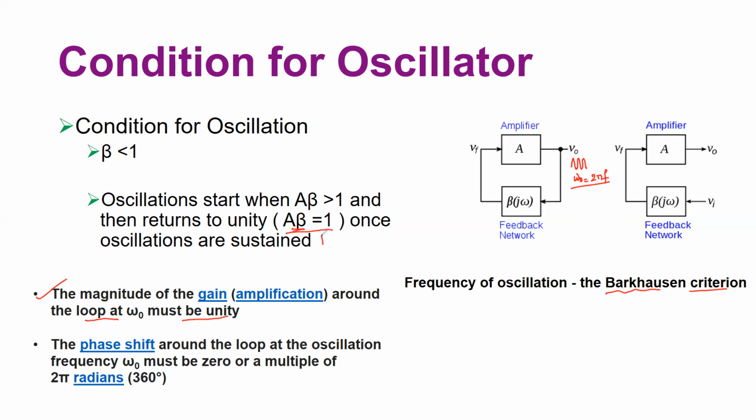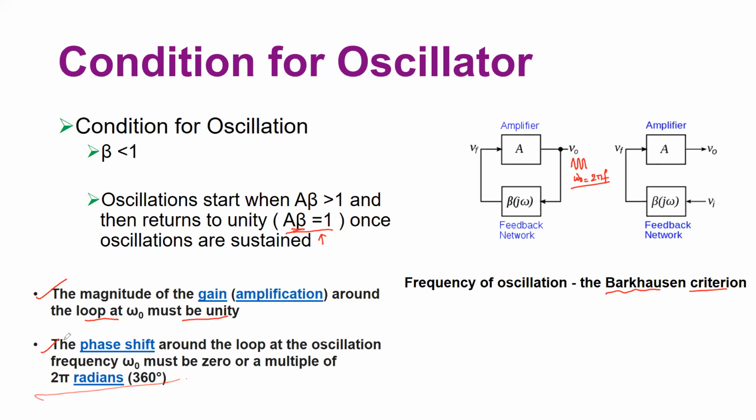When that is happening, you are sure that oscillation is likely to happen. The second condition is that the phase shift around the loop, when your signal travels around the loop at this frequency omega naught, must be exactly 0 degrees, or a multiple of 2 pi radians, that is 360 degrees.